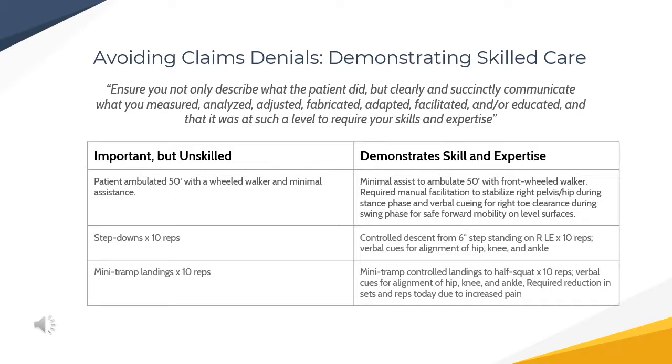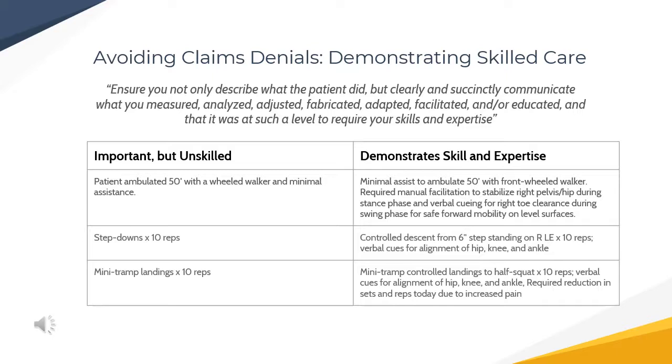So to provide some examples of skilled versus unskilled care, we have on the left unskilled care, and on the right it's saying the exact same thing. It's the same exercise, but it would be interpreted as skilled care. So on the left here it says patient ambulated 50 feet with a wheeled walker and minimal assistance.